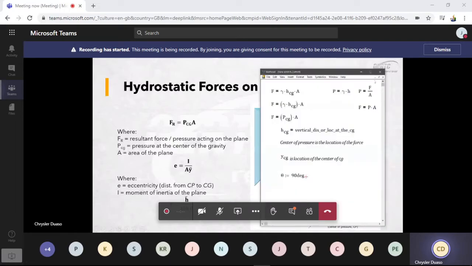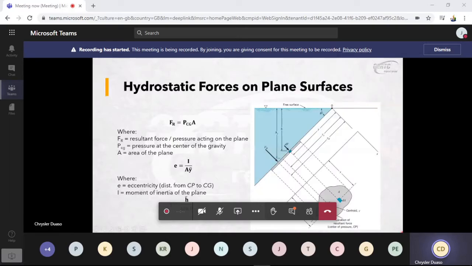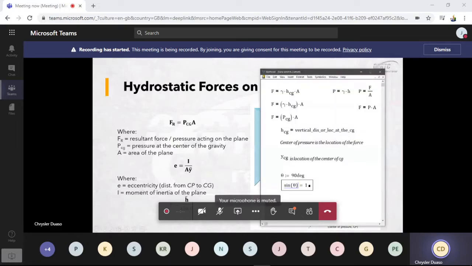Meaning, if theta is perfectly vertical, 90 degrees, what will happen to your equation? Sine theta is equivalent to 1. So if that is equivalent to 1, then YCG is equivalent to HCG. That is if you have a vertical plane.